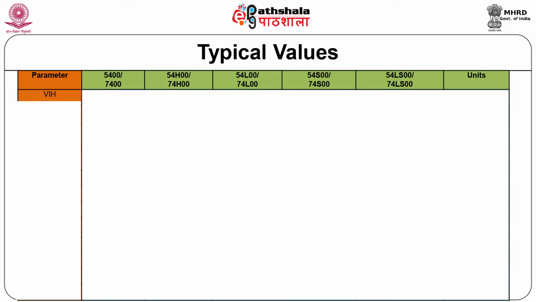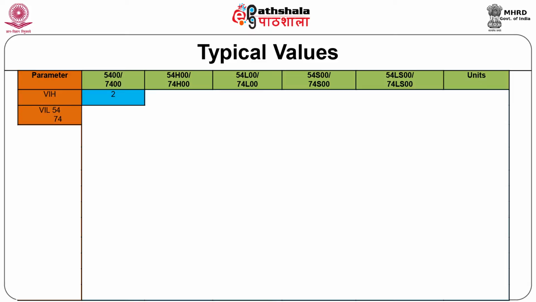Parameters are VIH, that is when the input is high. You can see the high input is considered as 2 volts if you consider 5400 or 7400 type of TTL logic gates.